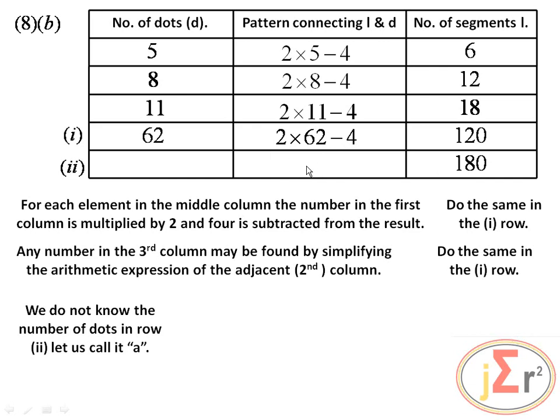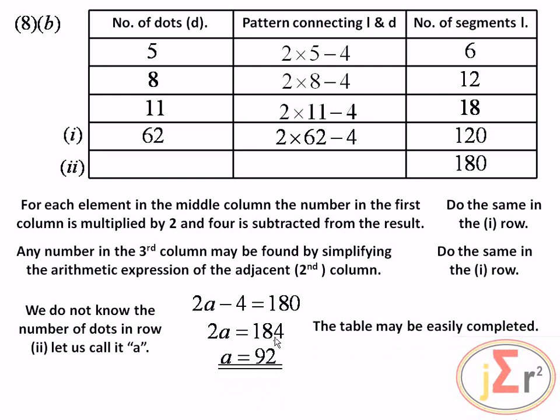So it is going to be 2 times A minus 4. So 2A minus 4 is equal to 180. By transposition, we have 2A is equal to 184, and then A is equal to 92. I think we should just put that in the table.